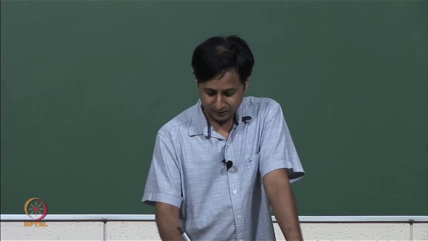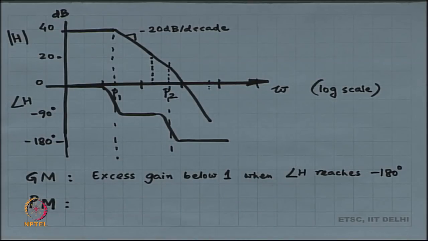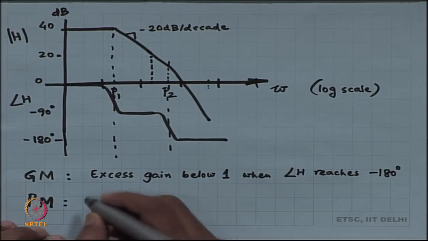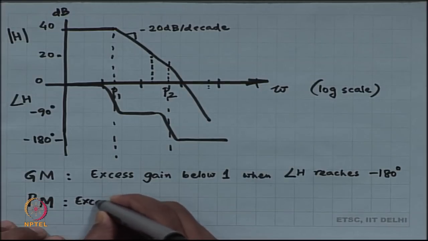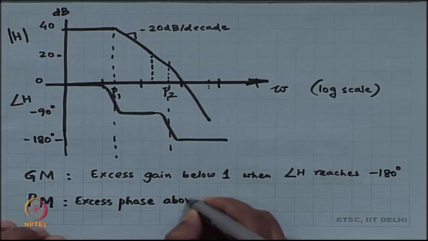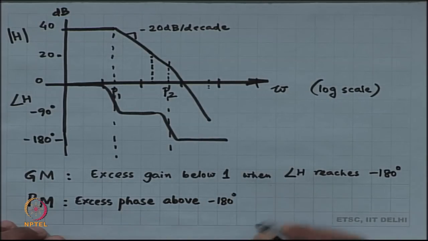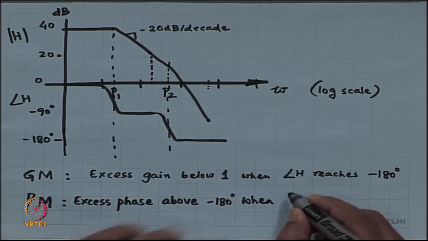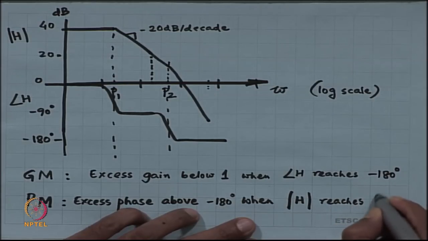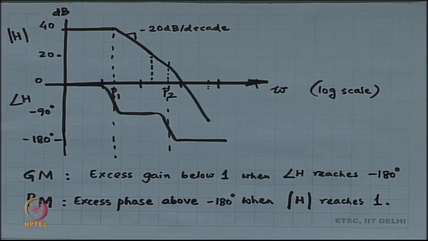And the alternate one is phase margin, and phase margin is defined as how much the phase is more than minus 180 degrees when magnitude gain reaches 1. One means 0 dB, just by the way, reminder.